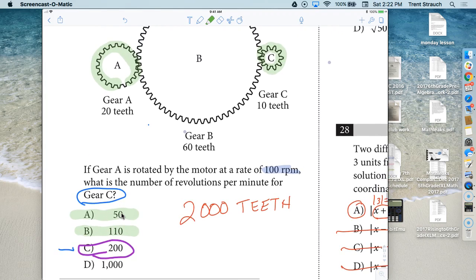And now, if you look carefully, A is exactly twice as big as C. Does that make sense? So if A goes around 100 times, C would have to go around 200 times.